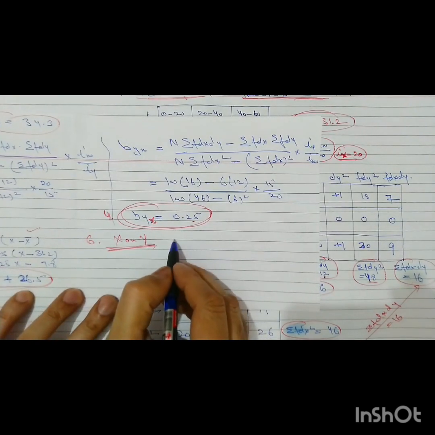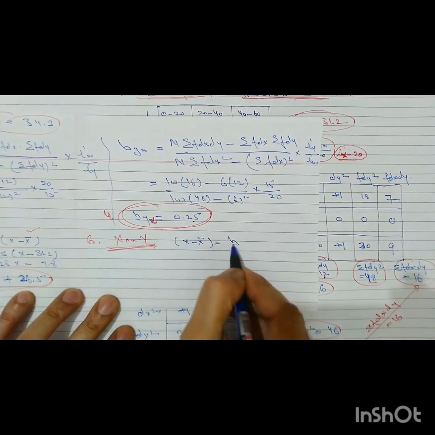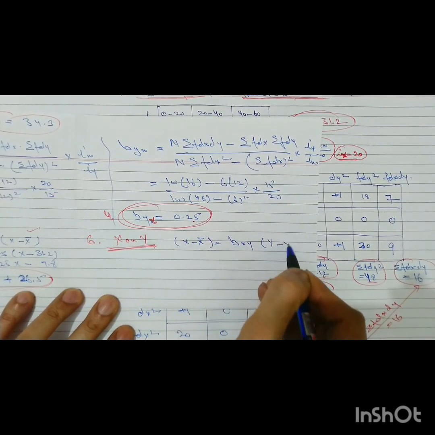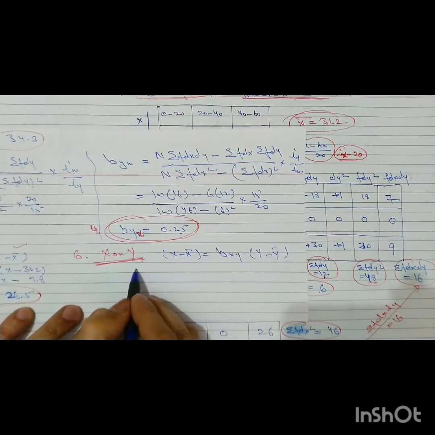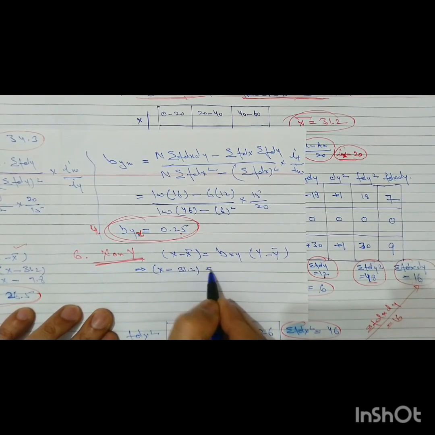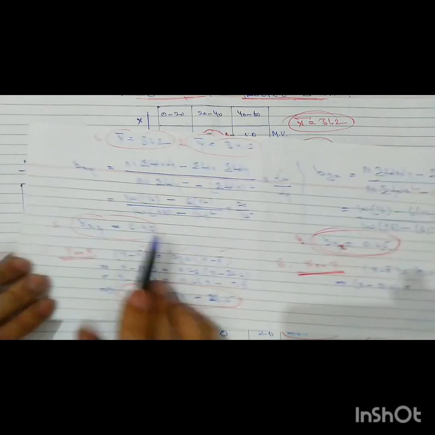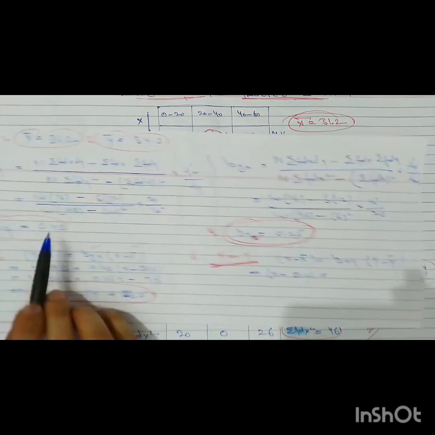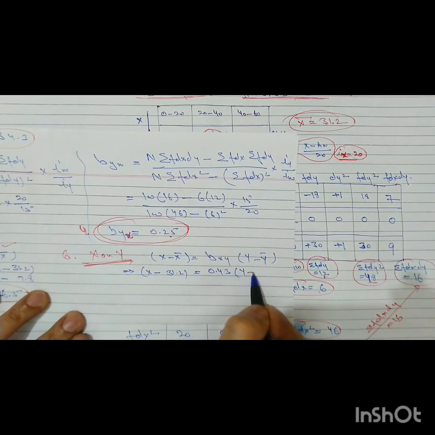The x on y equation is x minus x dash equals bxy into y minus y dash. By putting all these values, x minus the x mean value, 31.2, equals bxy, which is 0.43, into y minus y dash.